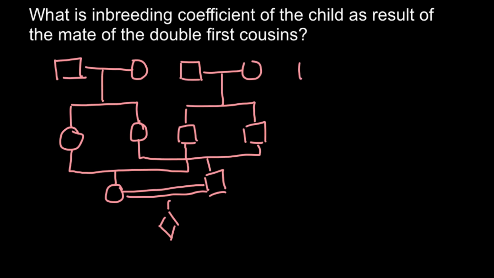Imagine now that this male represents this male here and his wife, and as you remember they have two children, girls. 50% of the genes this female got from her father, and another 50% from her mother, and another child also got 50% of her genes from the father side and 50% from the mother side.